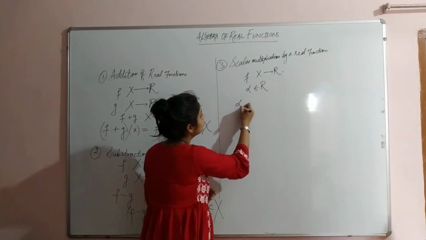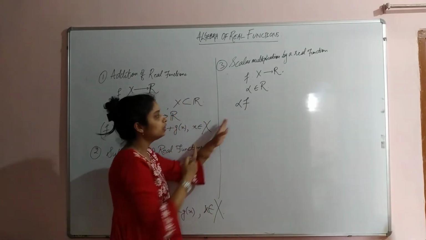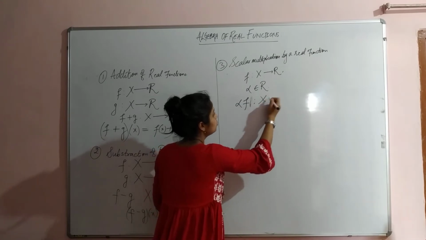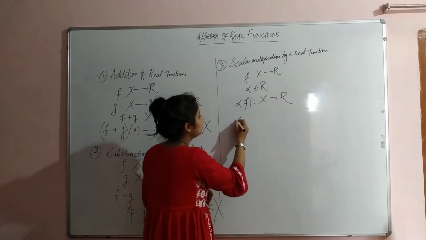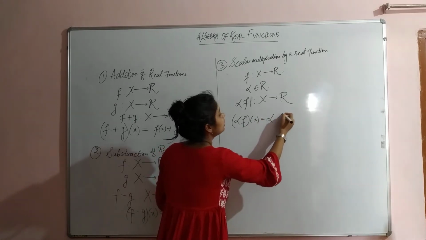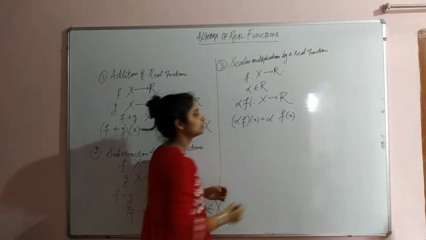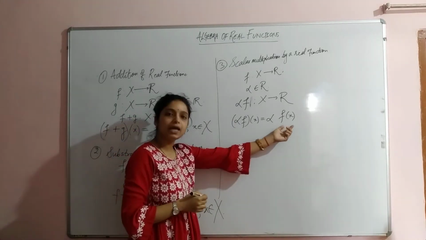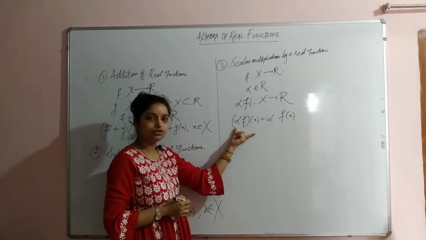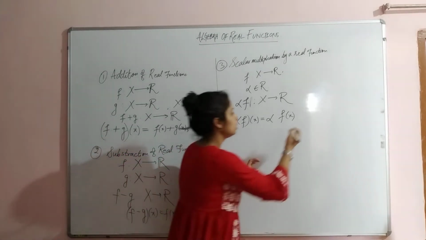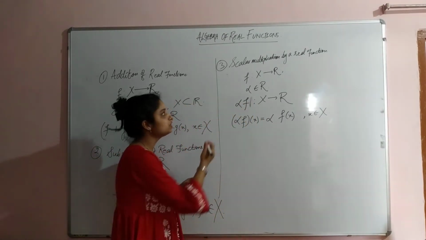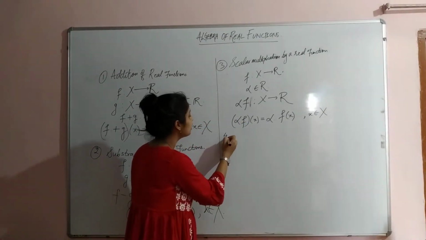Then the product alpha f is again from the set X to the set R, and it is defined as (alpha f)(x) equals alpha times f(x). Simply we multiply the function value by the scalar alpha, where x belongs to X. This is the definition of scalar multiplication of a real function.